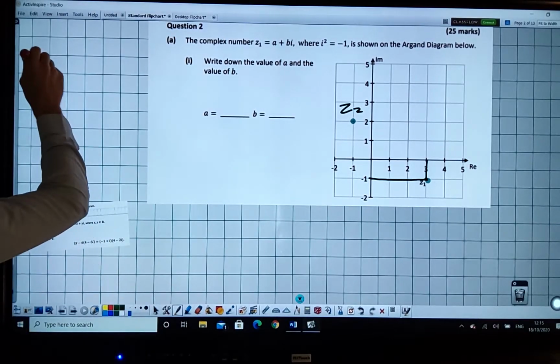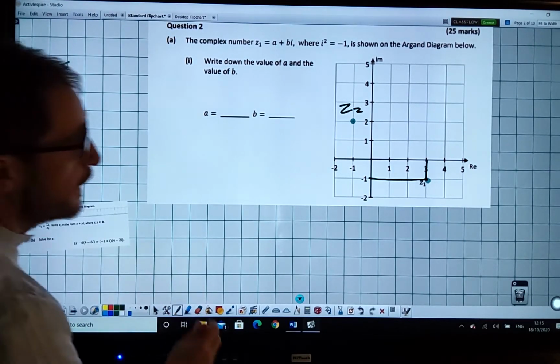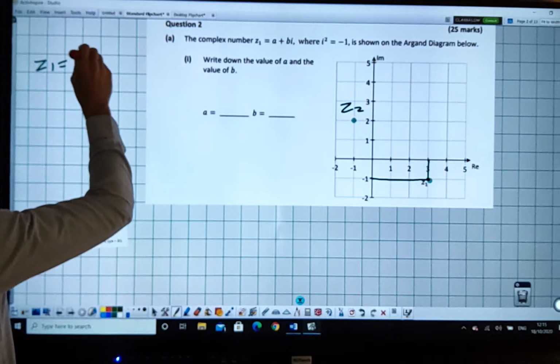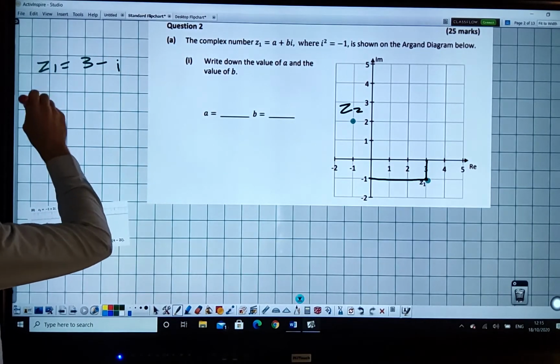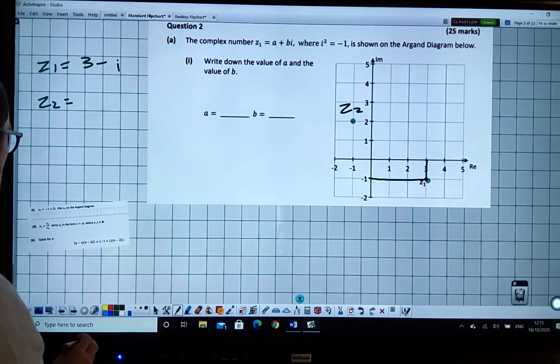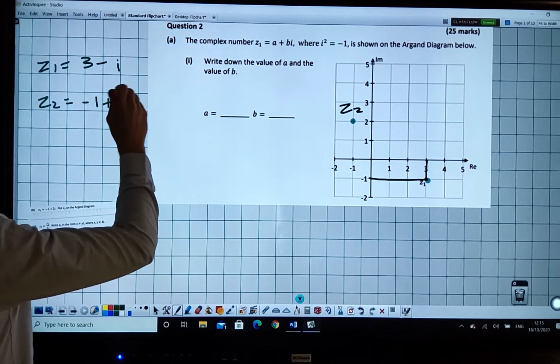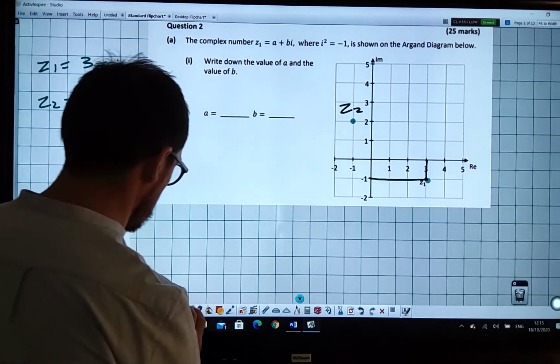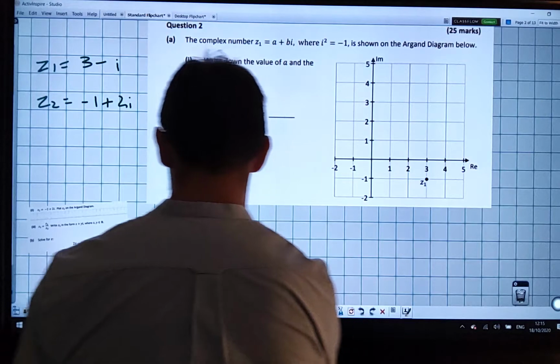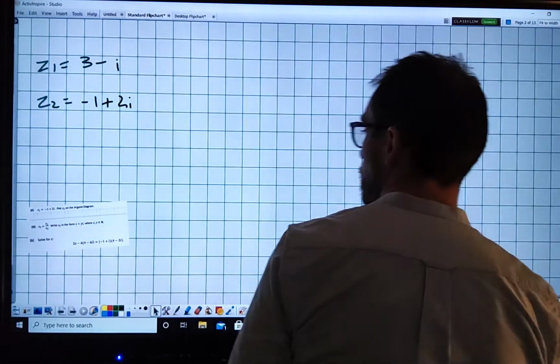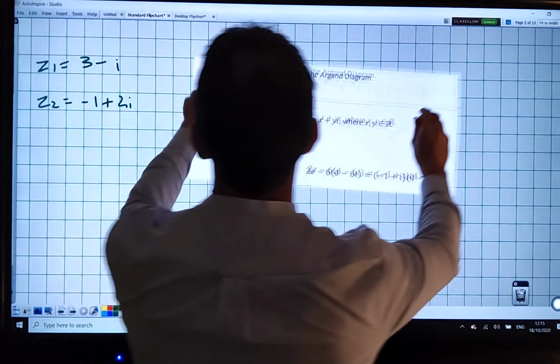Okay, so you now have that z1 is equal to 3 minus i, and z2 is equal to minus 1 plus 2i. Okay. Now, so that was that there.